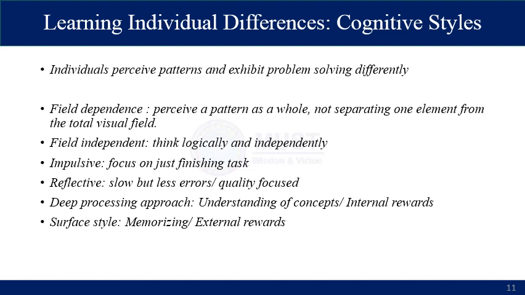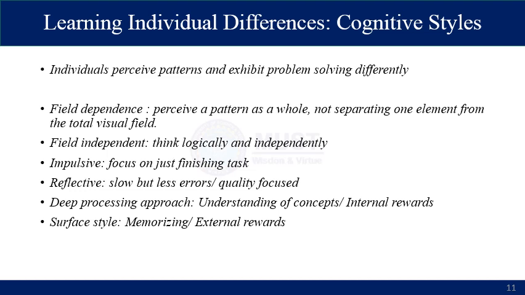So here are some styles such as field dependent, field independent, impulsive, reflective, deep processing, and surface styling. Field dependent cognitive styles deal with the perception of a pattern as a whole without separating one element from the total visual field. Such students deal with the information on the whole, or if you give them some task they will take it as a whole without differentiating the subparts.